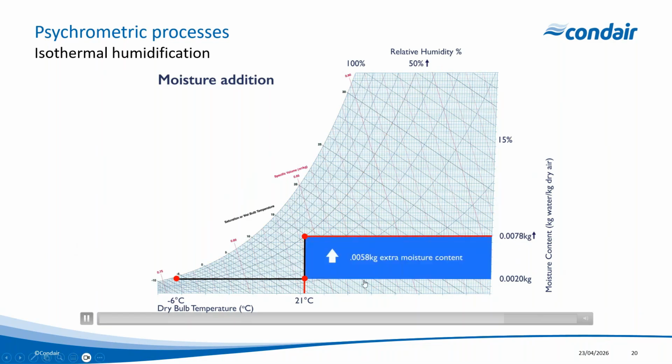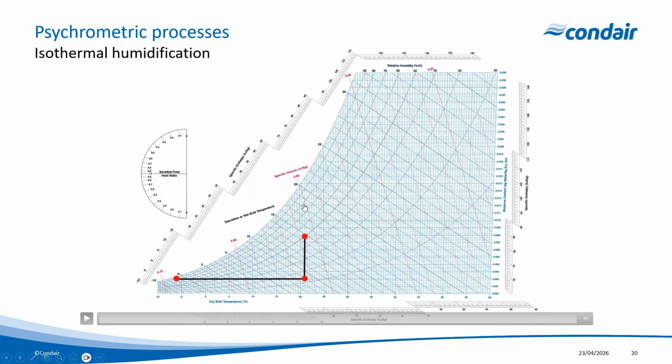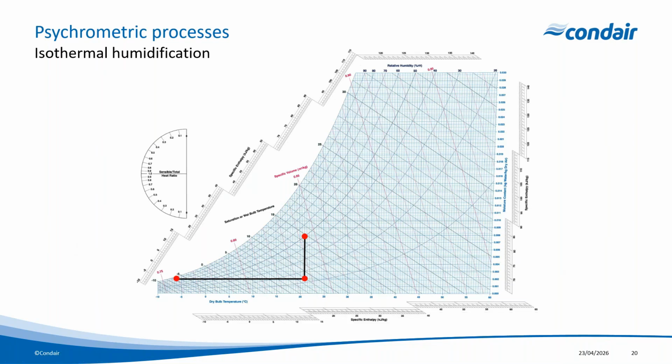The psychrometric chart is telling us the moisture addition required for that process to happen. Here we've drawn the psychrometric process for increasing the dry bulb temperature and increasing the relative humidity. It looks quite straightforward, but it does tell us some critical information.